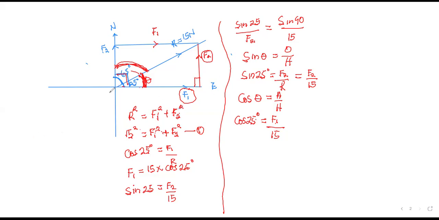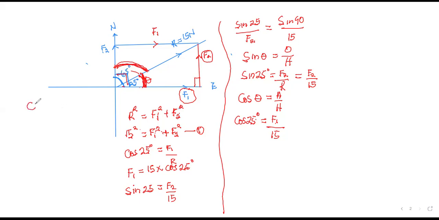Cosine. You have to use cosine because F2 becomes the adjacent to the angle 65.